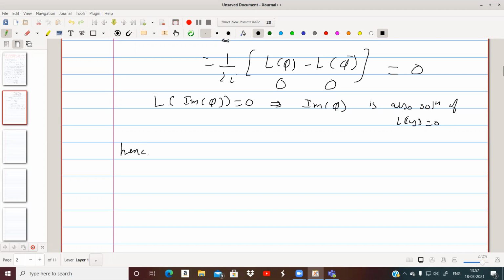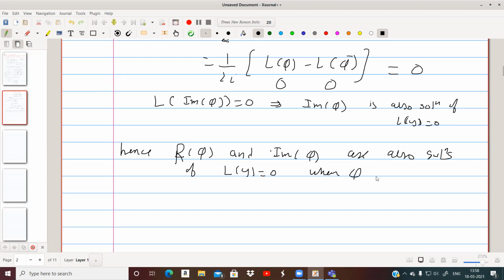So hence, I should write, the real part of phi and the imaginary part of phi are also solutions of a linear differential equation with variable coefficients when phi is a solution. And keep in mind that the coefficients in L are real valued functions. Otherwise, this example will not work.